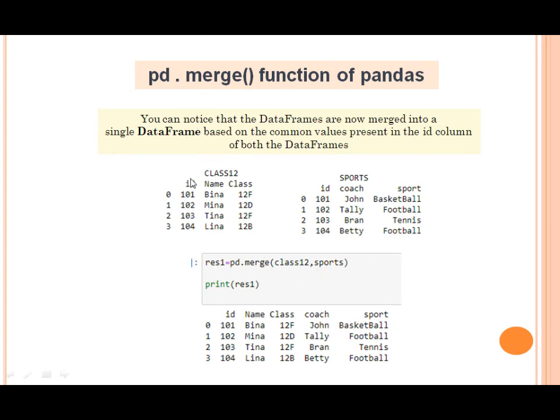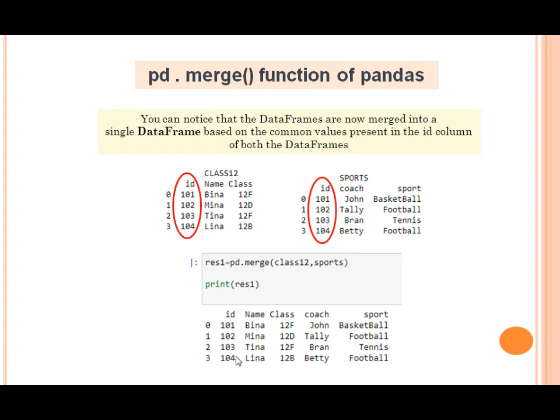So 101, 102, 103 and 104 are taken into consideration and displayed, and both the data frames are merged accordingly. So names Beena, Meena, Tina, Leena, and classes are also given, and respective coaches are also mentioned with their sports, all depending upon one common column, id. Clear?